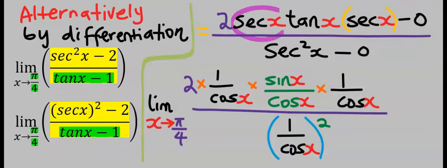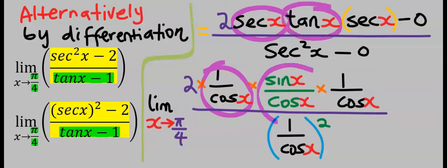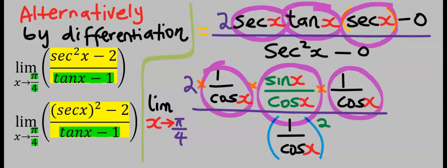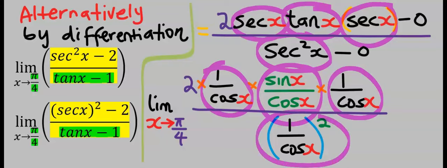Next, sec x is the same thing as 1 over cos x, and tan x is the same thing as sin x over cos x. Sec x is 1 over cos x, and sec square x is the same thing as 1 over cos x all squared.